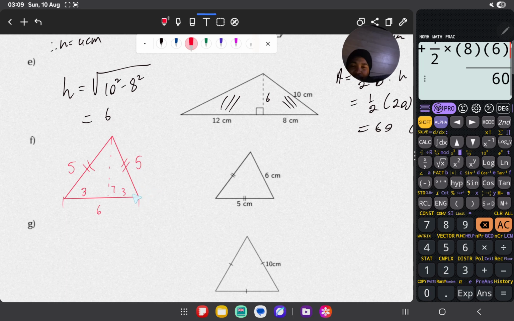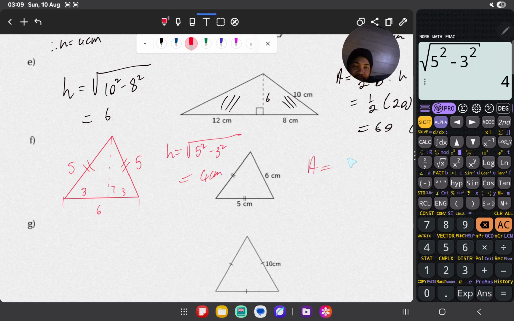And of course to find the perpendicular height, h is going to be square root of 5 squared minus 3 squared, which is going to be 4 centimeters. Then you say area is what?